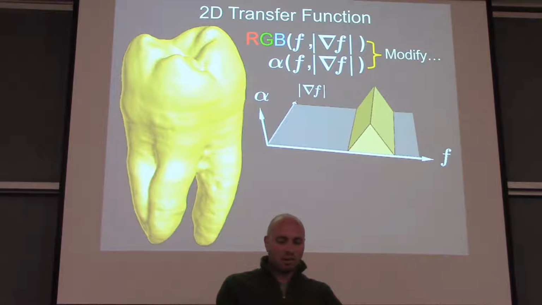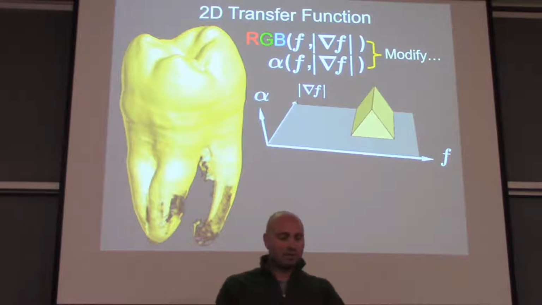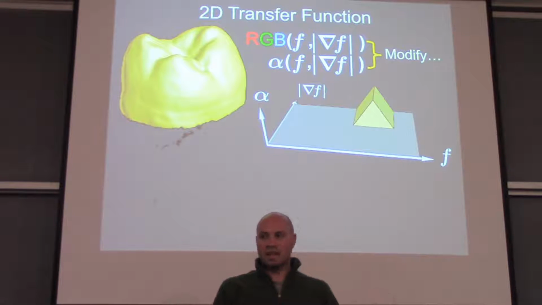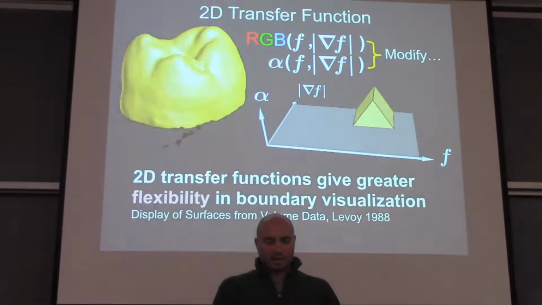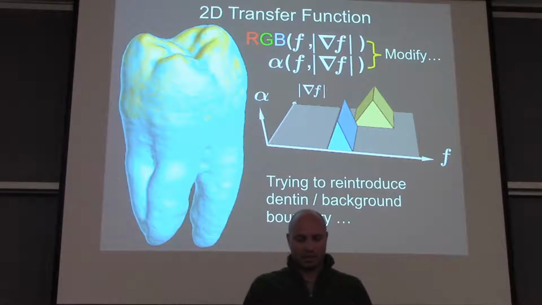And by classifying both of these, you could actually start to get better classification of mostly medical data sets. And what we're trying to do here is pull out regions where there is mostly noise, where there are interfaces between tooth and dentine, and we're trying to be able to classify really material boundaries. That's what 2D transfer functions, what classifying the gradient, really lets us do.